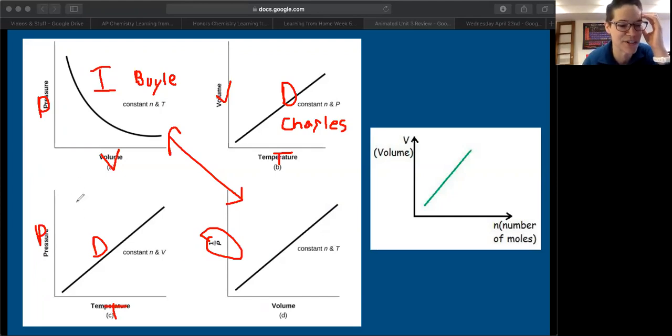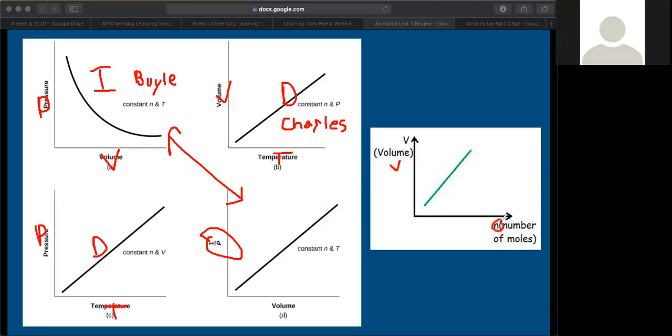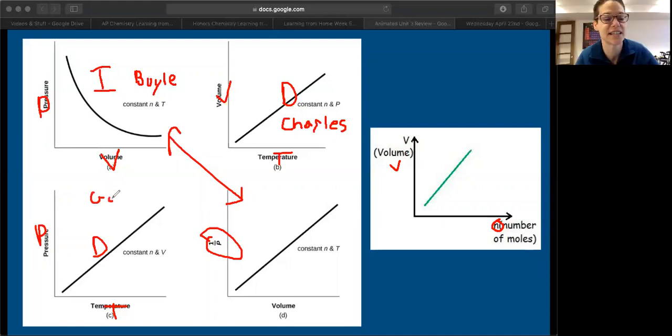Pressure and temperature, that's Gay-Lussac's. And then this last one, we've got just volume.